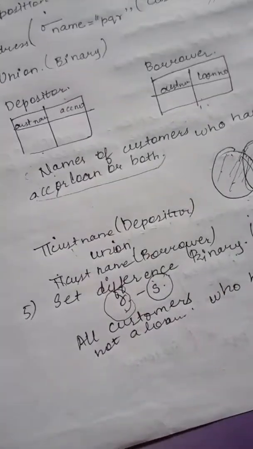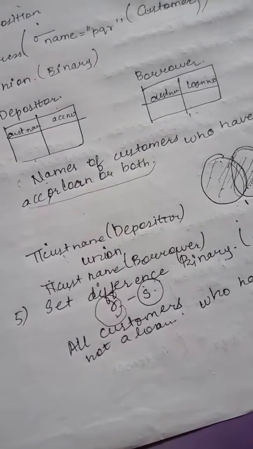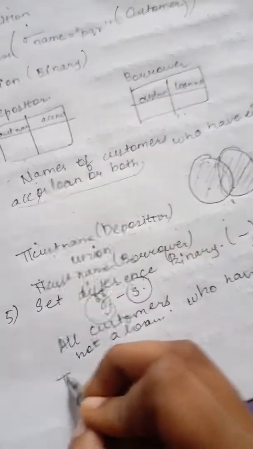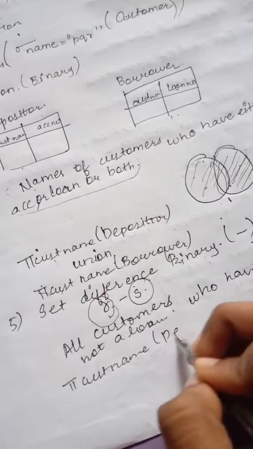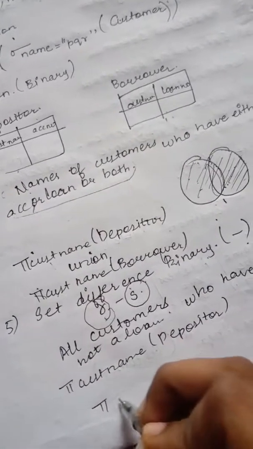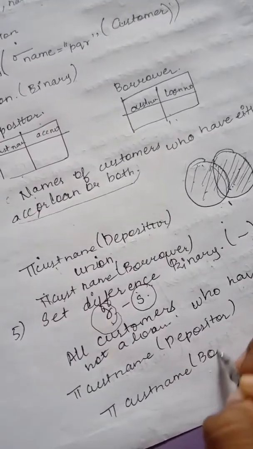As it is a binary operation, we need to have two tables, right? So I will write projection by cust name on depositor, and projection by cust name on borrower.